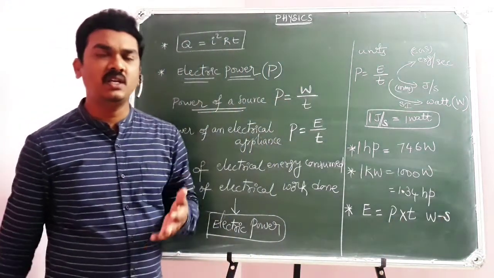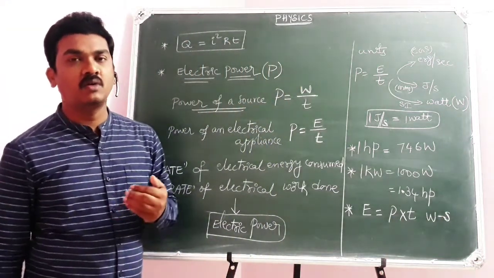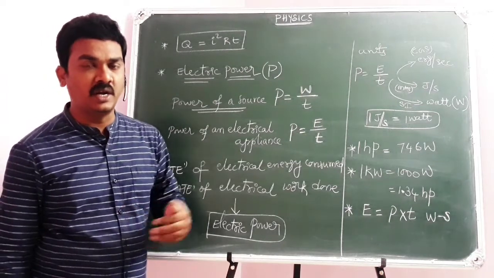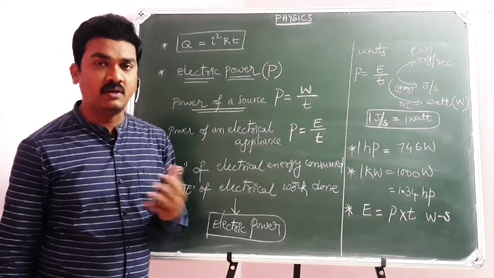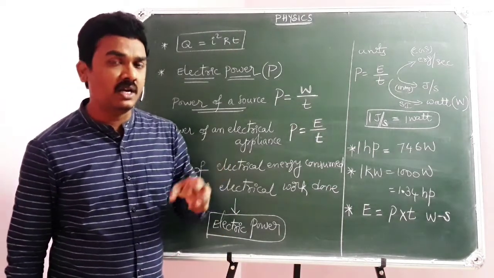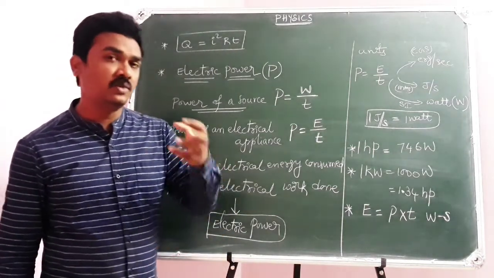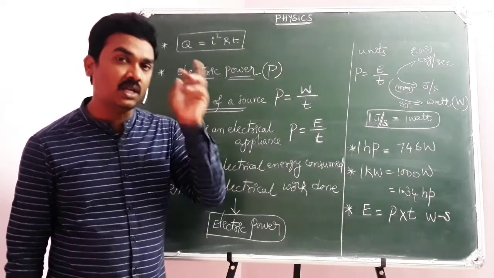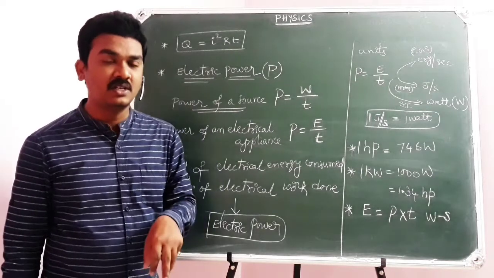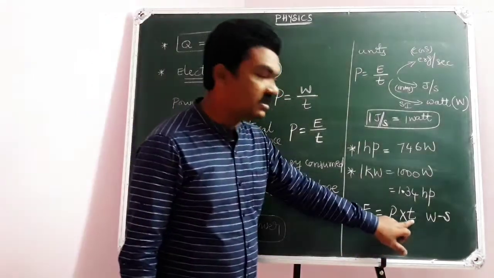But usually, if I am going to measure the amount of electrical energy that I consumed at my household appliances, like a bulb, a refrigerator, a fan, they are all household electrical appliances which consume electrical energy. If I wish to measure such electrical energy consumed by household appliances, I don't use them for seconds.